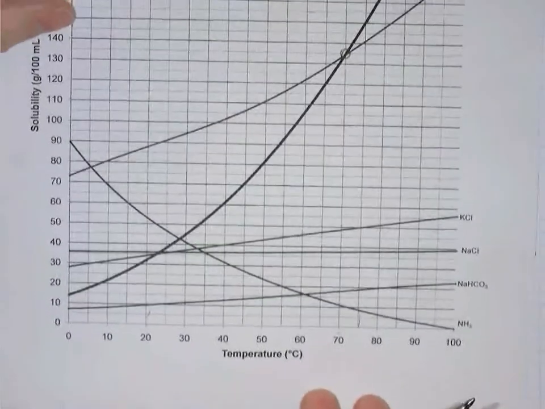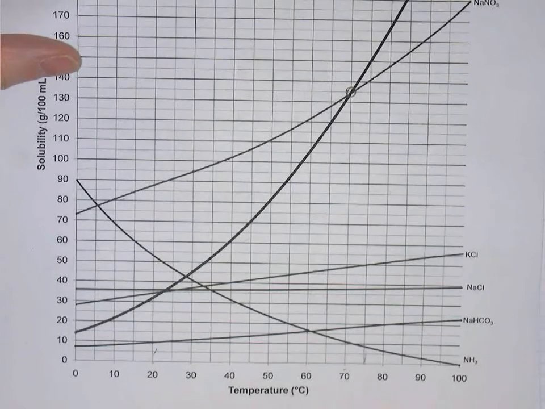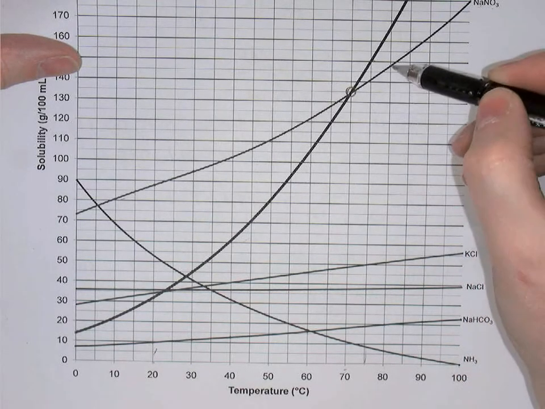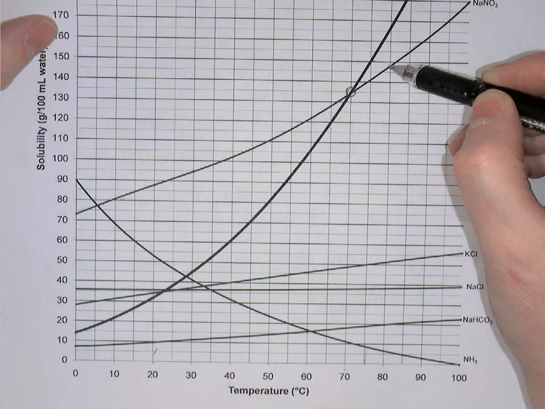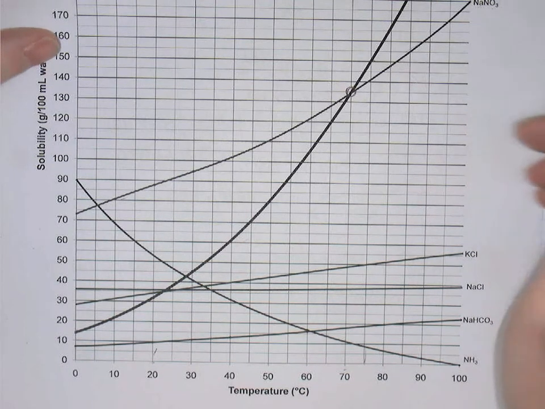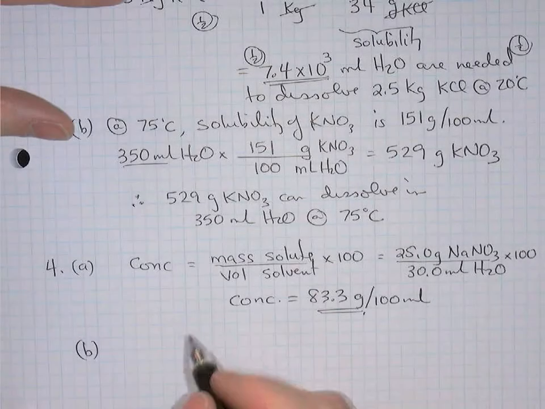I'm going to grab my graph and find 80 degrees Celsius. Here we are. I'm going to go right up to that curve. The solubility of that salt is between 145 and 150, slightly closer to 150, I think. So I'll say about 148.